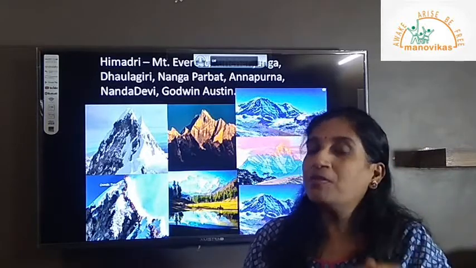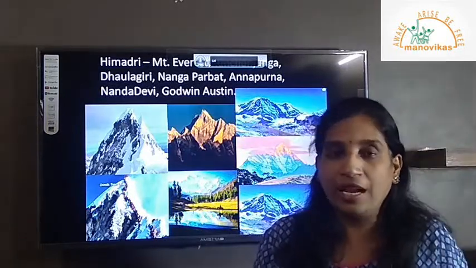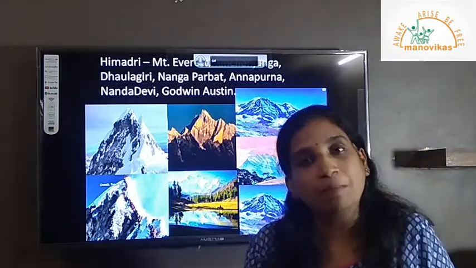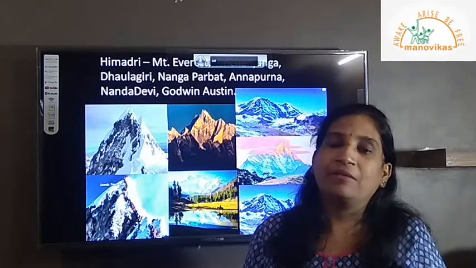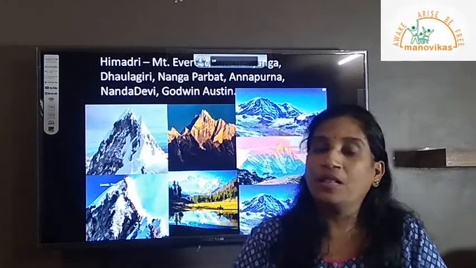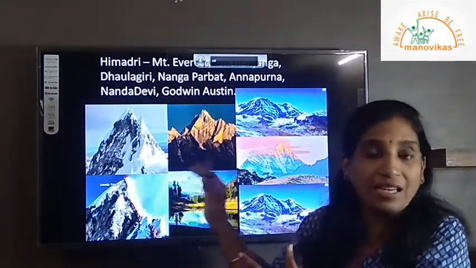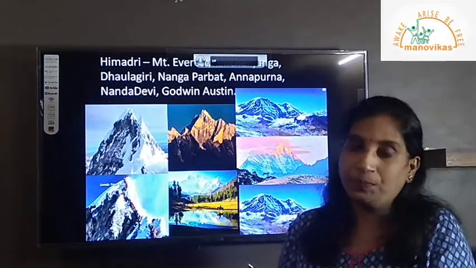There comes a point when you are climbing 1,000 meters of height on a major landform, the temperature is going to drop below 0 degrees and there will be snowfall. That is the precipitation we get on the high peak mountains. So always you can see the Himalayan range or Himadri range always covered with snow.